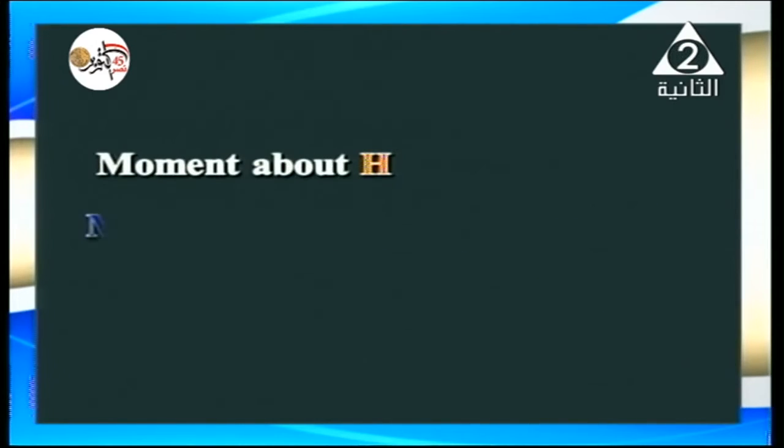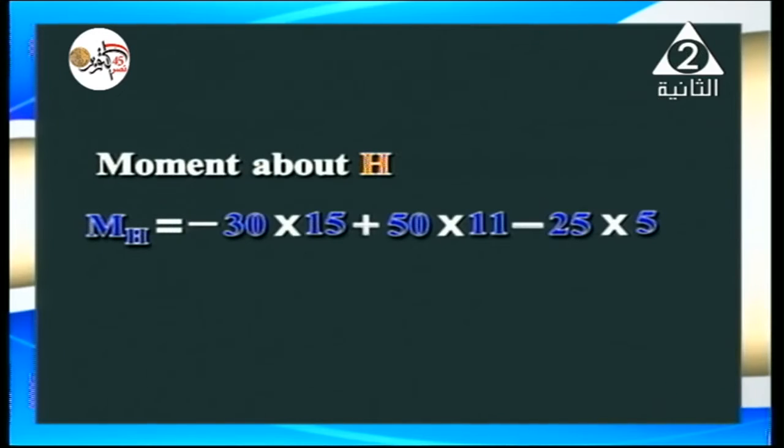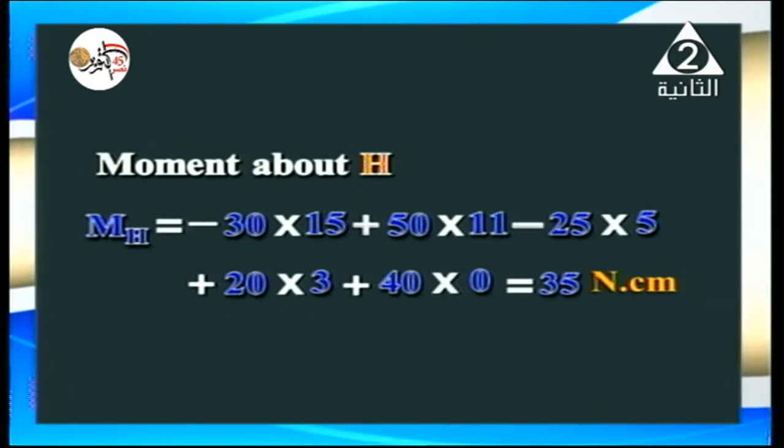Also, moment about H, MH, equals negative 30 times 15 plus 50 times 11, negative 25 times 5 plus 20 times 3 plus 40 times 0, answer is 35 Newton centimeter.